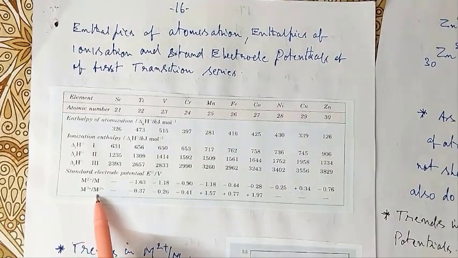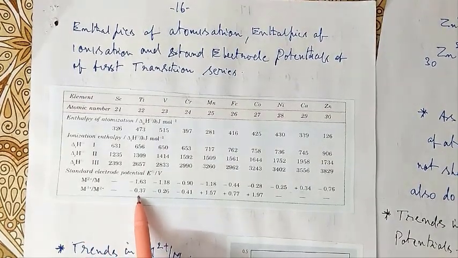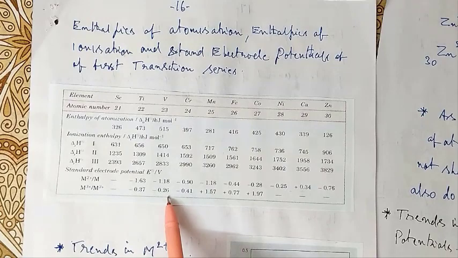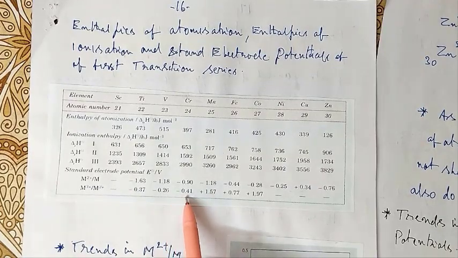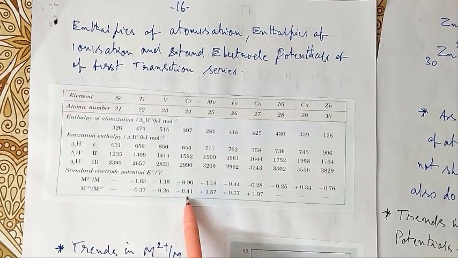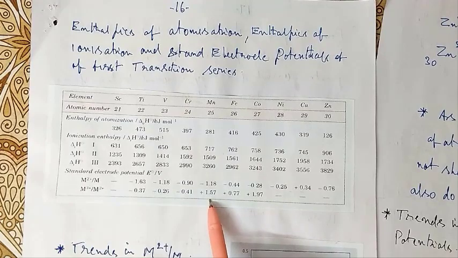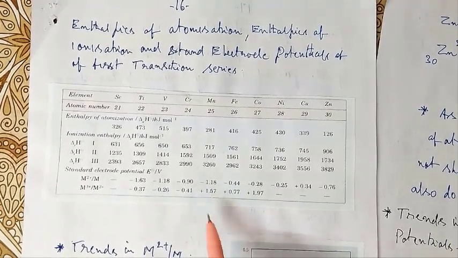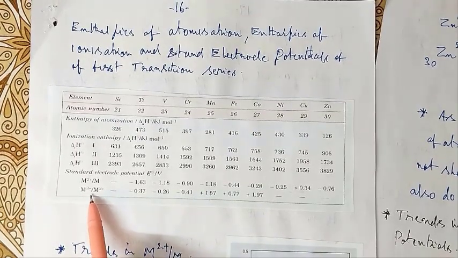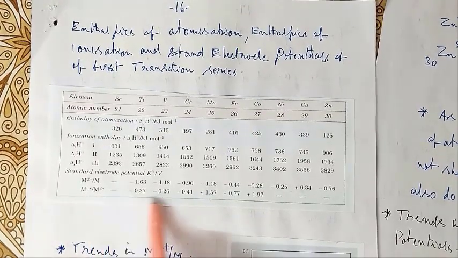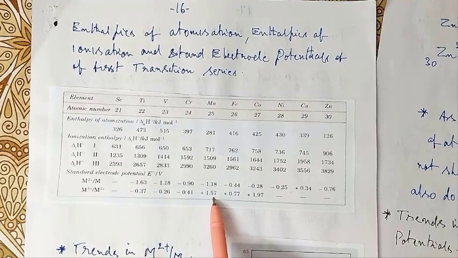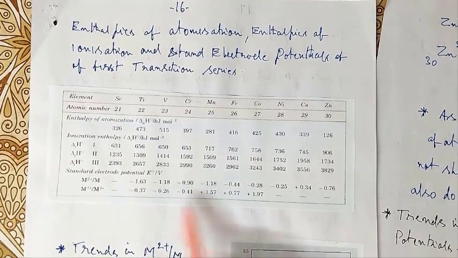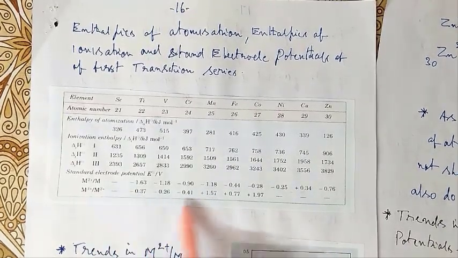This is M3+/M2+. For titanium it is minus 3.7, for vanadium minus 2.6, for chromium minus 0.41, for manganese it is plus 1.57. That means as the value of M3+/M2+ for manganese is positive, the M3+ ion is not ready to form.